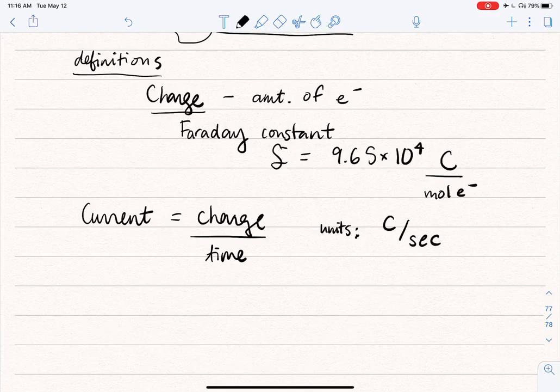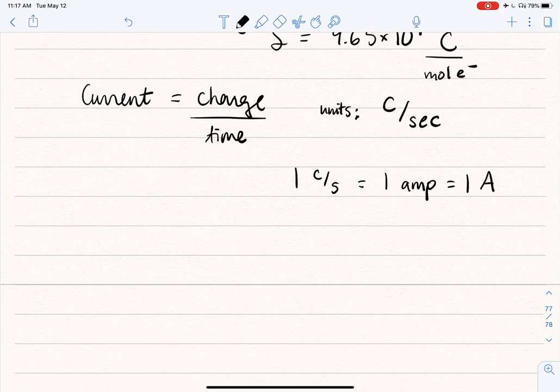Now, 1 coulomb per second is referred to as 1 amp. An amp is often abbreviated with just a capital letter A. So amp is a unit of current. It is synonymous with coulomb per second, and it's simply the amount of charge per unit time.